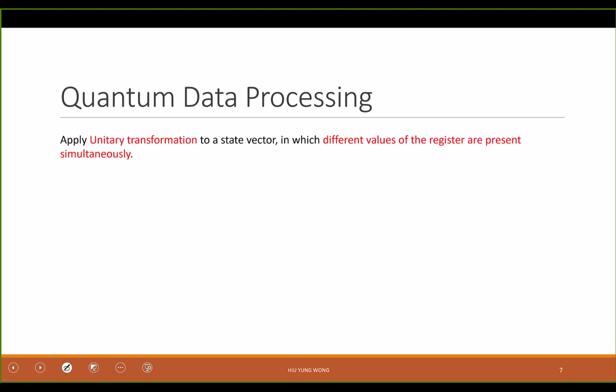Data processing is applying the gate to the vector and letting it rotate in the hyperspace, so we apply the unitary transformation to it, right?